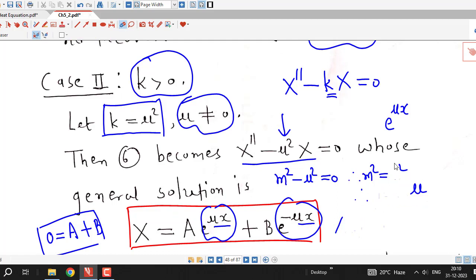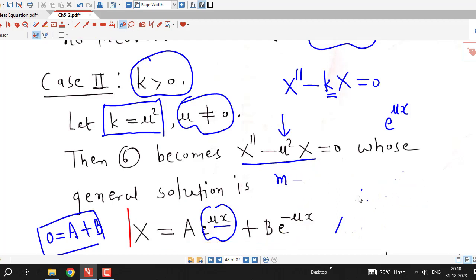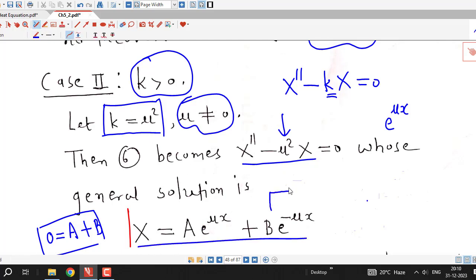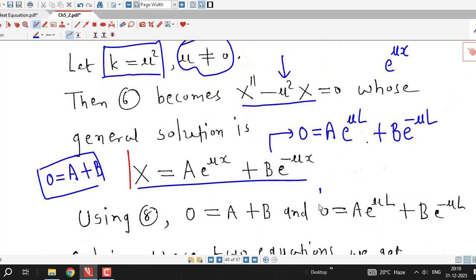For the other condition, I will put small x equal to L and capital X equal to 0 in this solution, and I will have 0 equal to a times e raised to mu L plus b times e raised to minus mu L, and I have to solve these two equations.